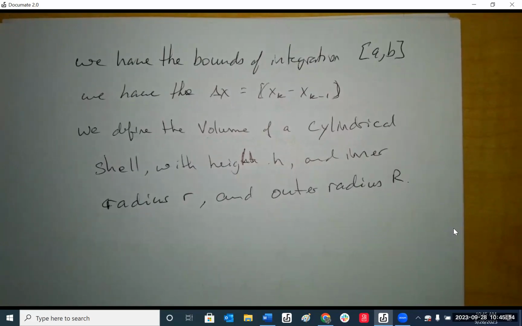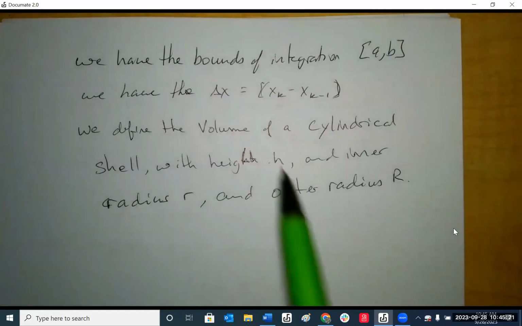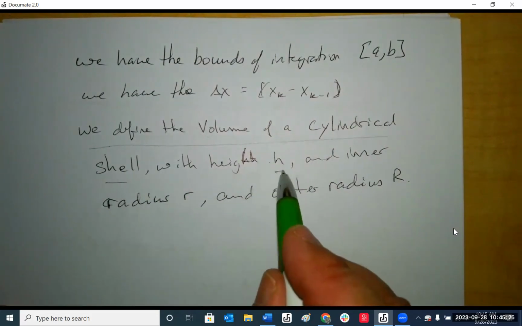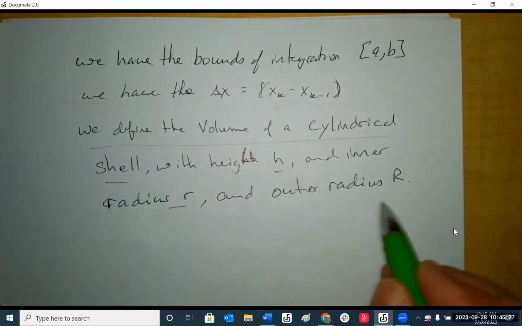We have a bound in which we're going to integrate, to see the volume of it. Now we have to define the volume of the shell. So we need the h, we need the inner and outer.